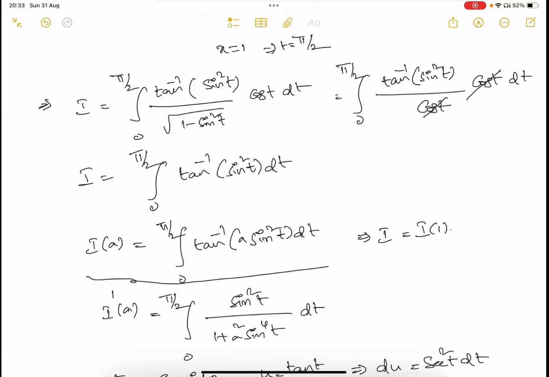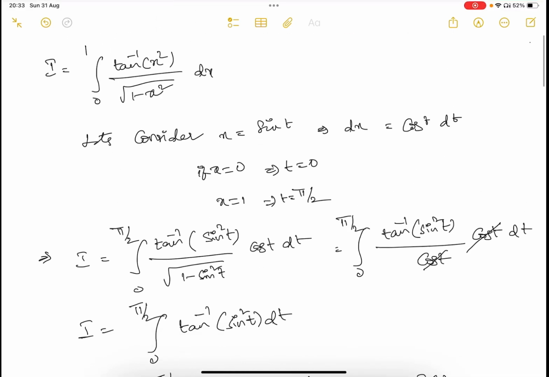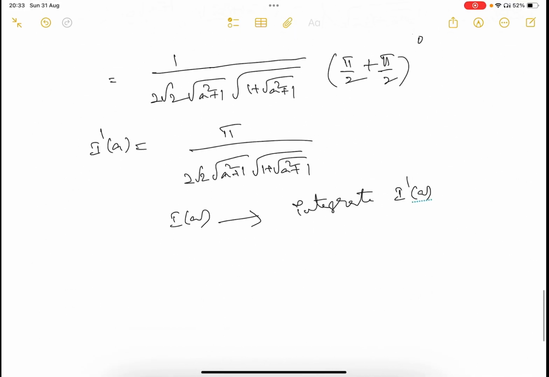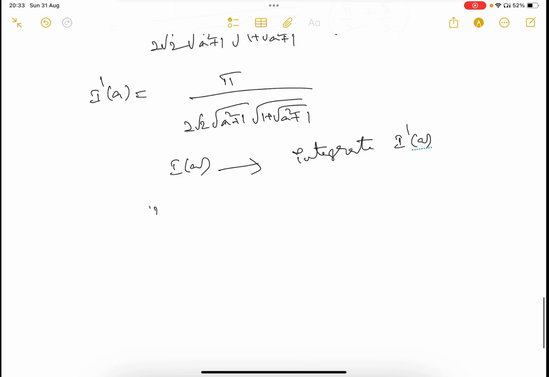When a equal to 0, it will be tan inverse of 0, which will be 0. So we are figuring it out from integral 0 to 1. We know I of 0 is 0. We need to figure out I, which is I of 1, right?